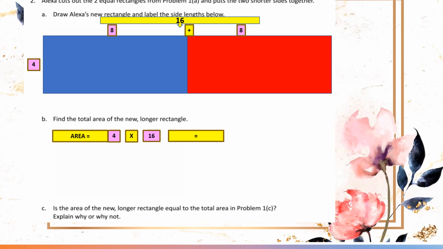So let's go ahead and set up our equation using the standard algorithm. So 16 times 4.